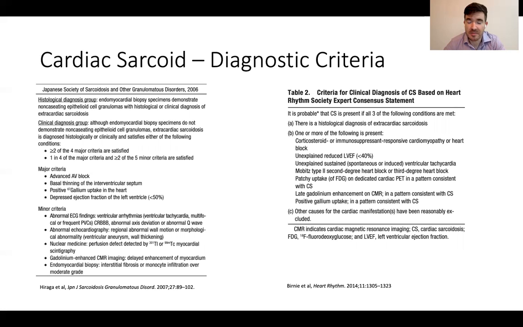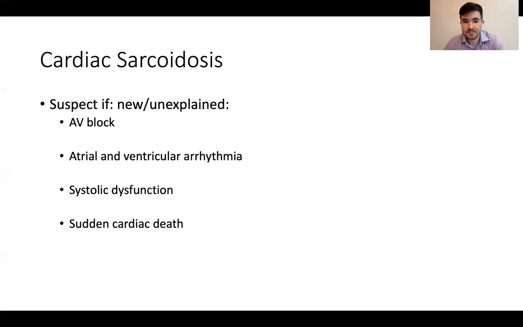I think gallium has its drawbacks and some limitations, as opposed to gadolinium imaging, which is a more up-to-date modality. Similarly, the Heart Rhythm Society is somewhat more up-to-date, although it's also 7 to 8 years old. And it's really a combination of both histological and clinical criteria.